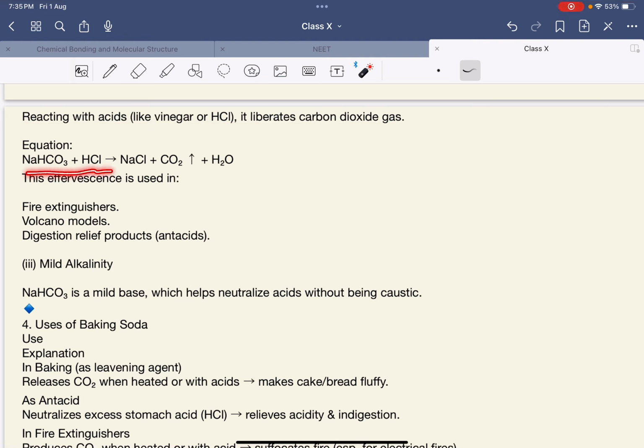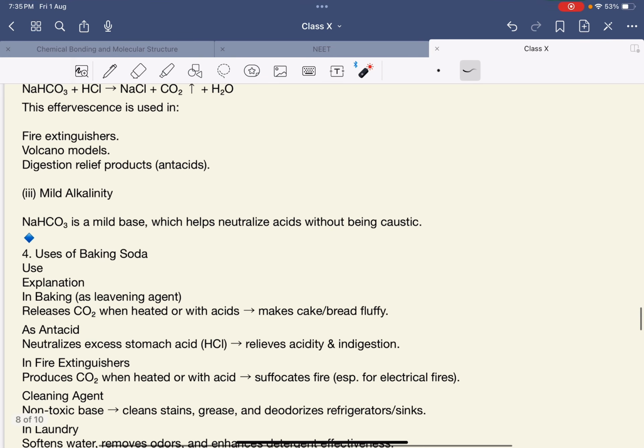Sodium hydrogen carbonate combines with HCl, giving sodium chloride, carbon dioxide and water. This effervescence is used in digestion relief products, antacids, volcano models, and also in putting out fire, to control fire.